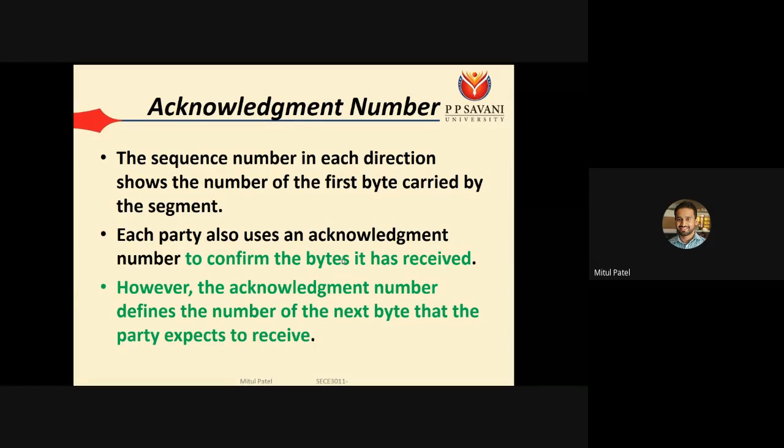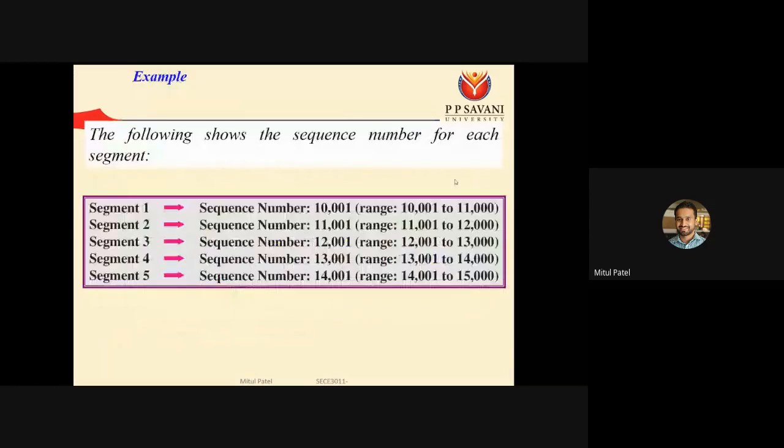Whenever we send some data or some segment, we record the acknowledgement of that segment. Suppose here the segment sequence number is 10,001. We have sent one segment with sequence number 10,001, so we need its acknowledgement.